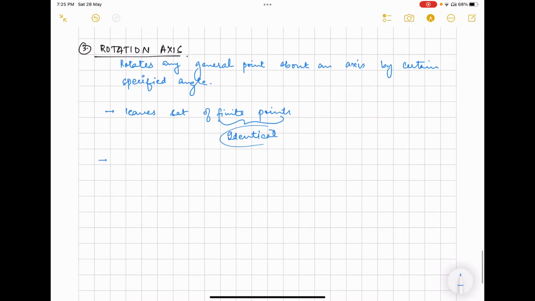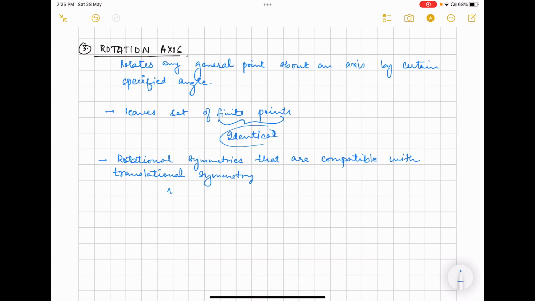Now, rotational symmetries that are compatible with translation symmetry are limited in number and are 1, 2, 3, 4 and 6-fold rotations. In crystal systems, any other rotation is not allowed.